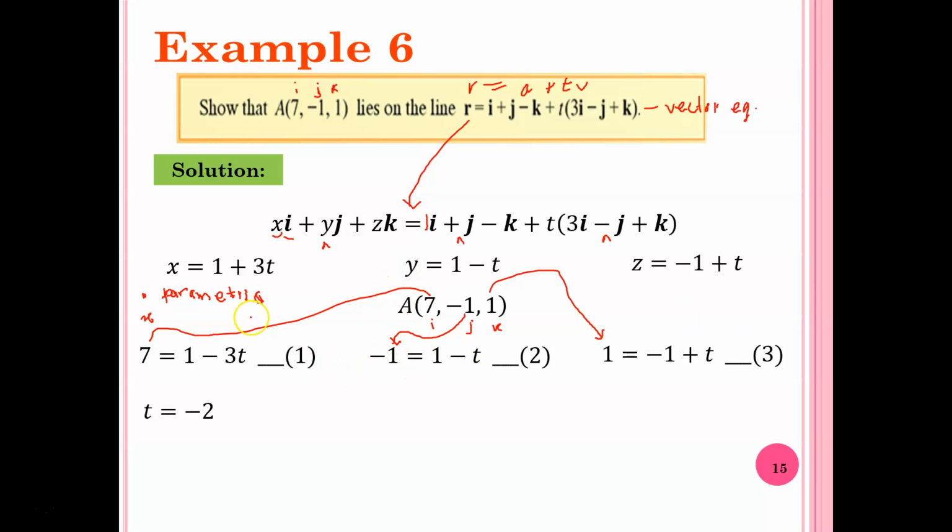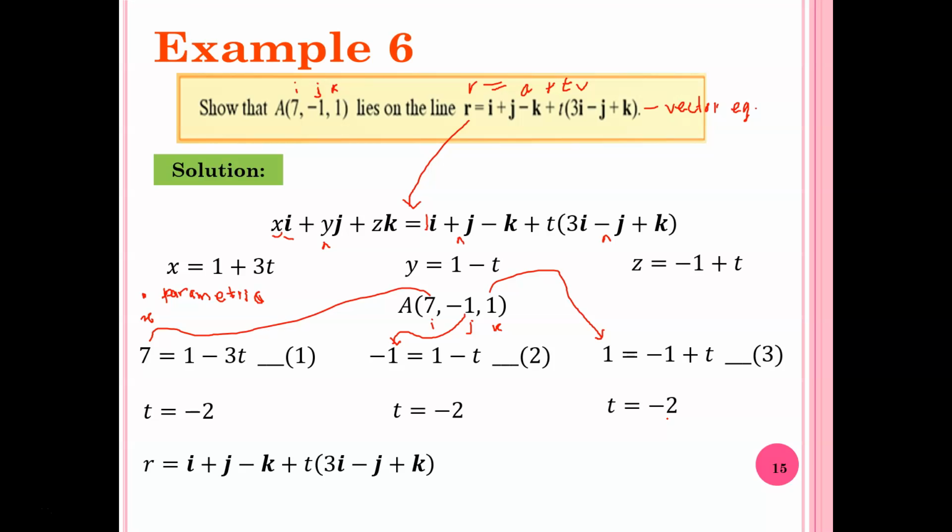Okay, dari sini you dah dapat parametric equation. You obtain lah T. You punya T. Macam mana obtain T tadi? Susun semula. Susun semula. This T bawa ke sini. Pindah-pindahkan dia lah until you get this T. So now you get T equal to negative 2, and negative 2.